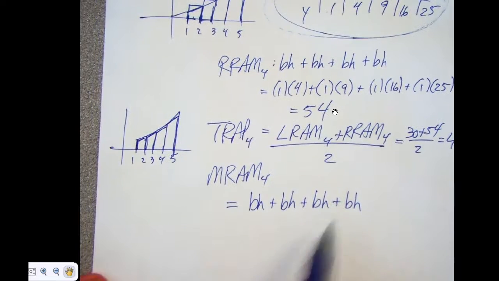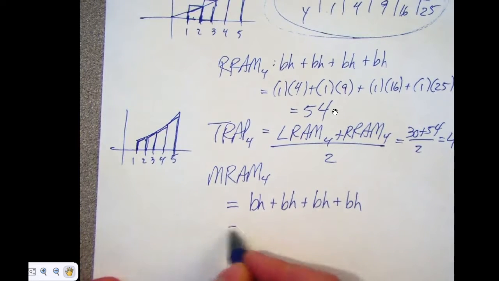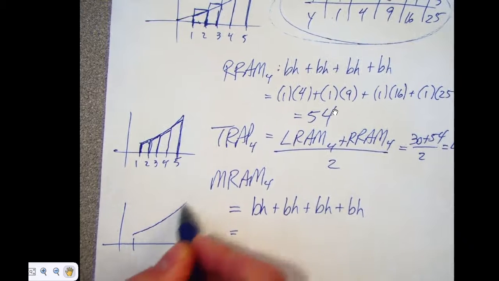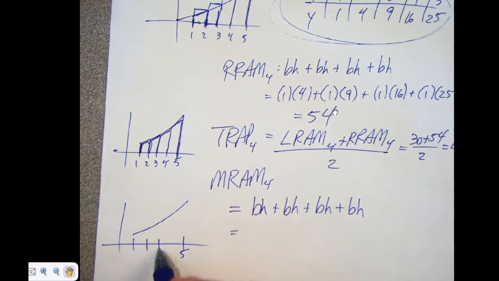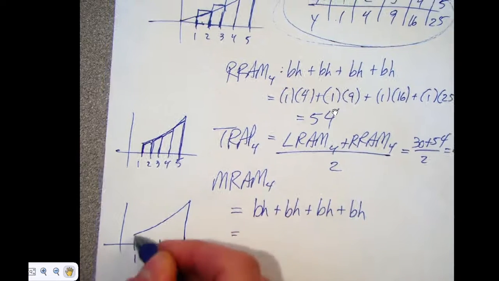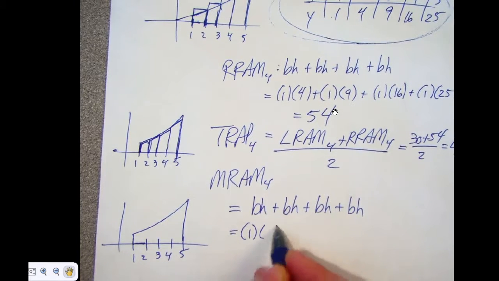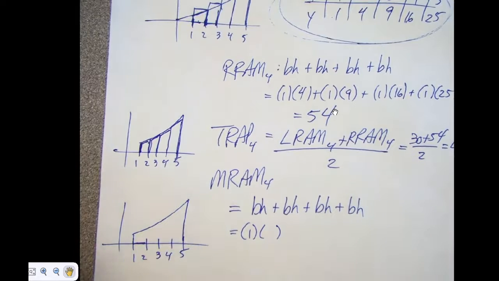So I've got base times height, 4 times. My first interval is still from 1 to 2. How big is that base? What's the space from 1 to 2? 1. Now, to determine the height, you're not using the left-hand endpoint, you're not using the right-hand endpoint, you're using the midpoint.